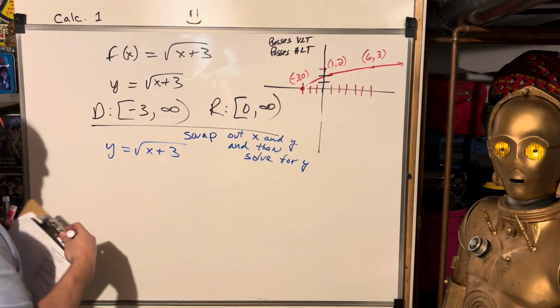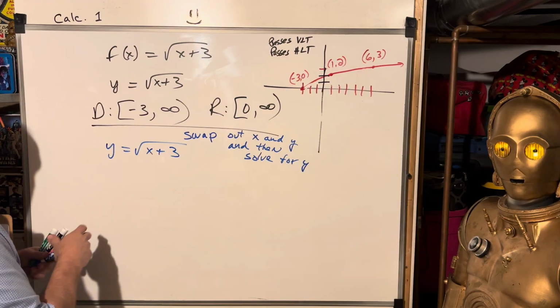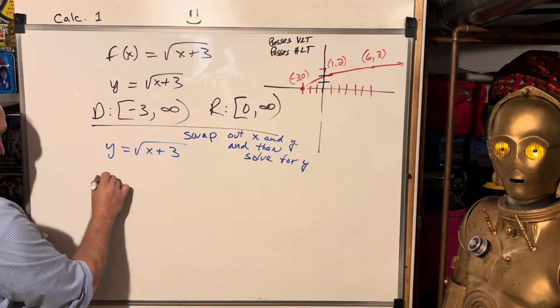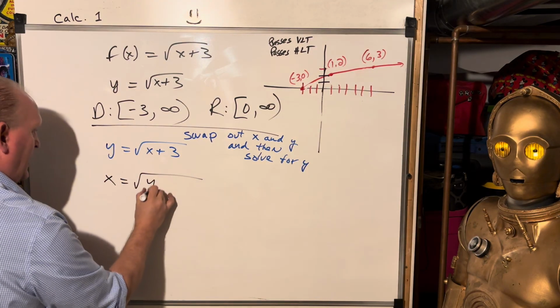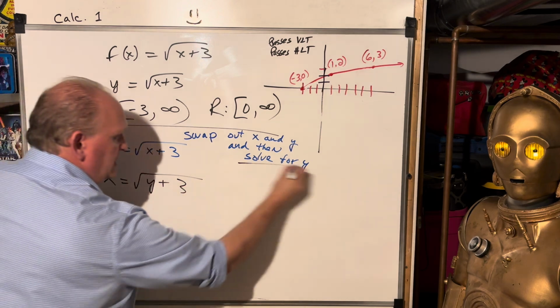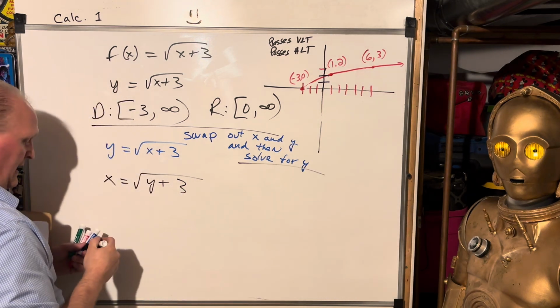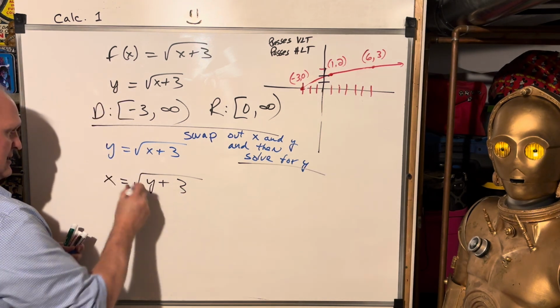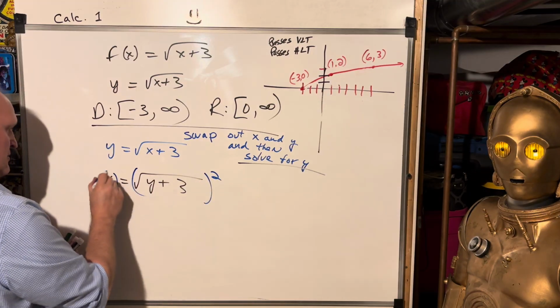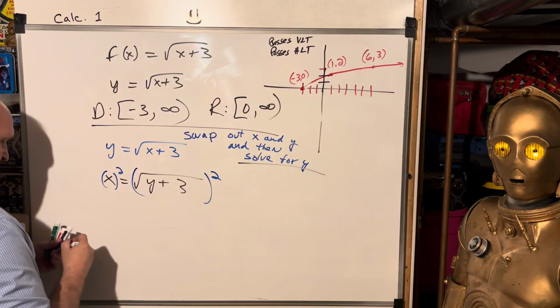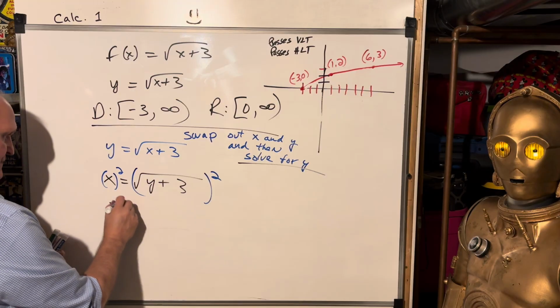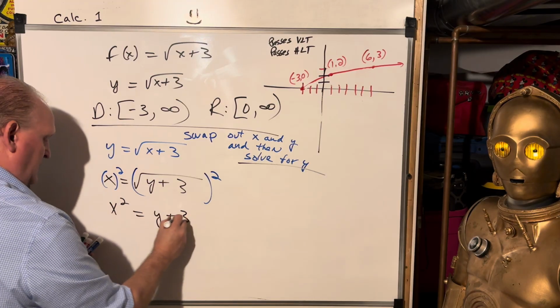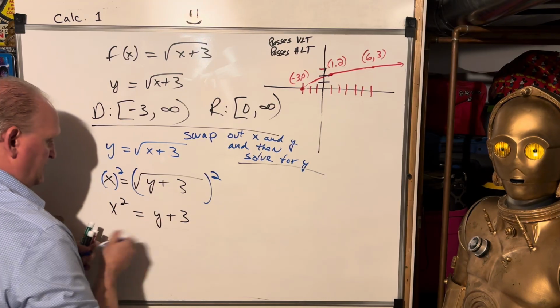I'm going to swap them, so I have x equals the square root of y plus 3. And now I'm going to solve for my new y. So how do I solve that? I square both sides to get it out of the square root sign. And then I isolate the variable, subtracting the 3.